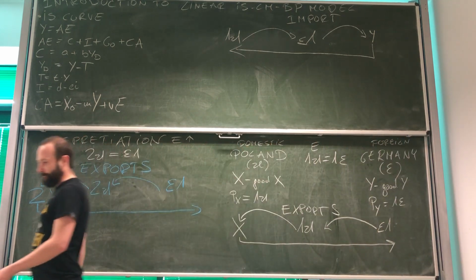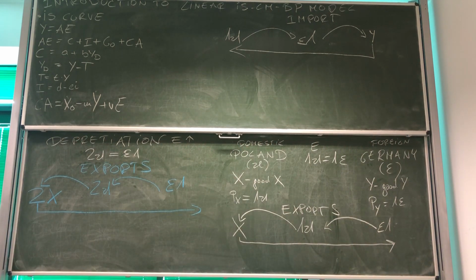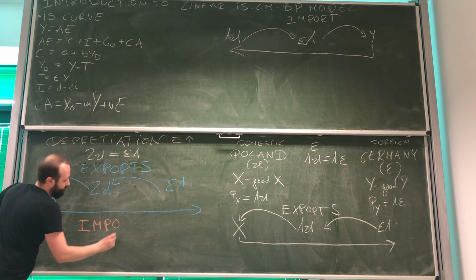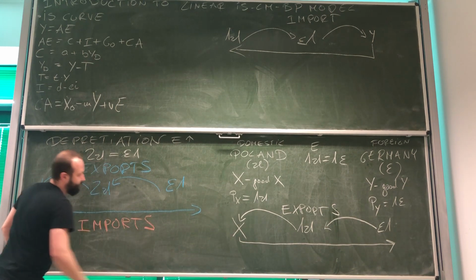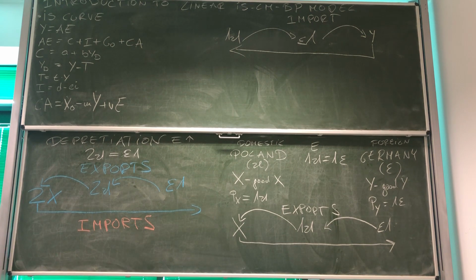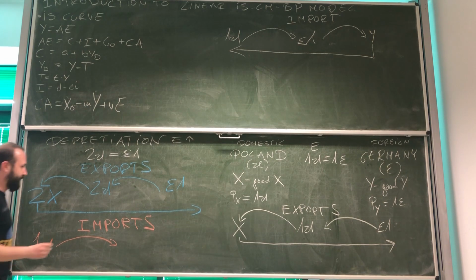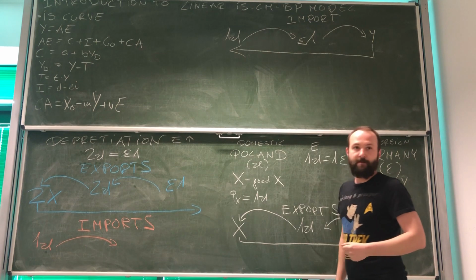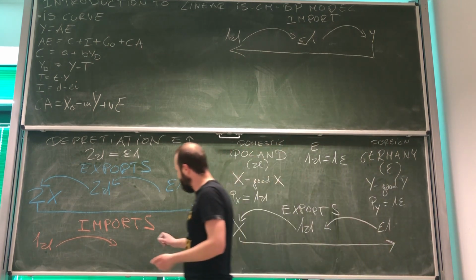How will the imports look like? Well, in case of imports, now a person from Poland takes 1 zloty, goes to the foreign exchange market, and with 1 zloty, how many euros can you buy? Only half, 50 cents, right?